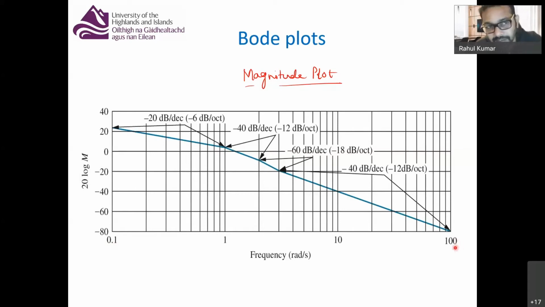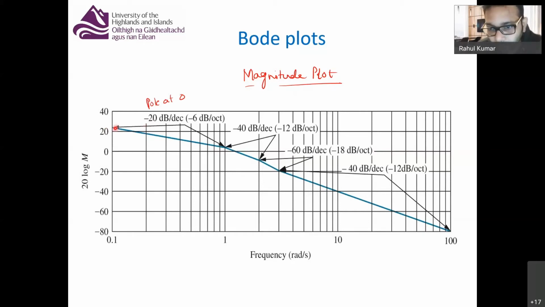As per our calculation, the starting point in the magnitude plot was around 24 dB, right? So we start from somewhere here, which is 24, assuming it is correct. And since we have a pole at 0, the initial slope will be minus 20 dB per decade. We cannot plot this 0, so the initial slope will be minus 20 dB per decade.